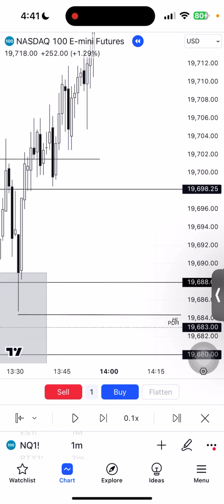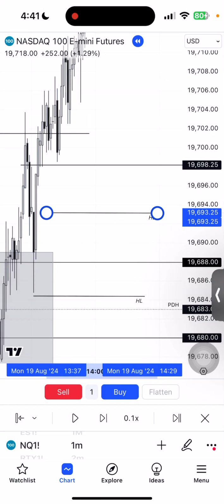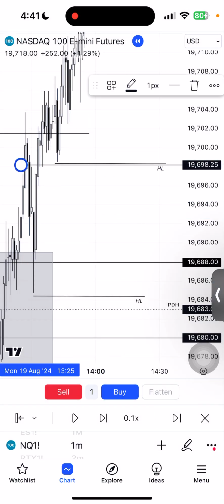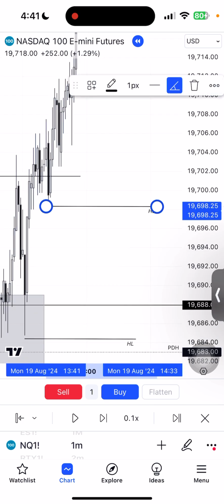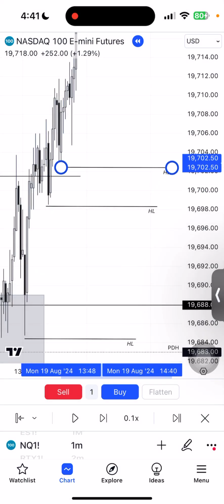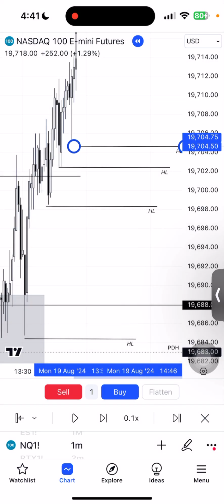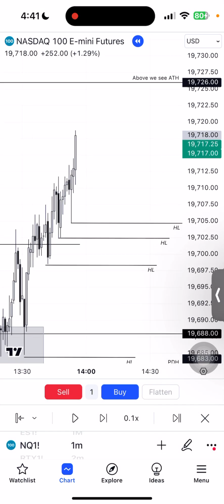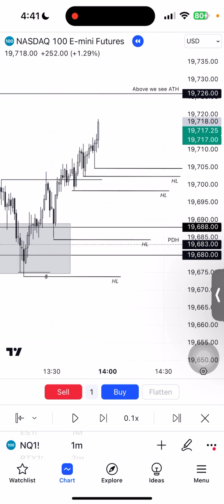So what we're seeing now structure-wise is just a bunch of higher lows getting put in. So see, higher low there. Let me take that off there. We don't need that no more. Higher low there. See. Higher low here. Higher low here. And price is just making its way up. This is simple market structure here. This is all this is.